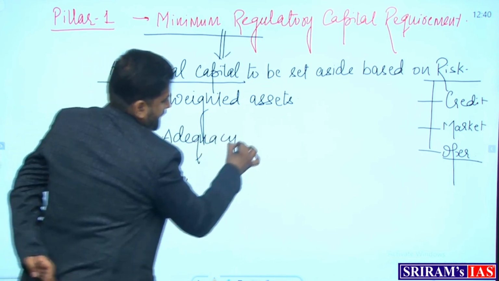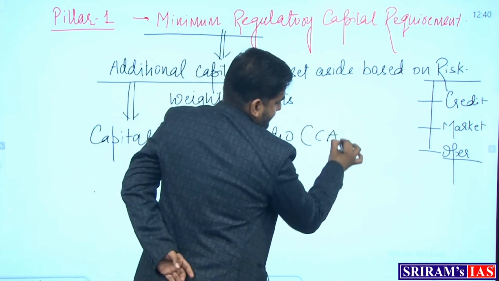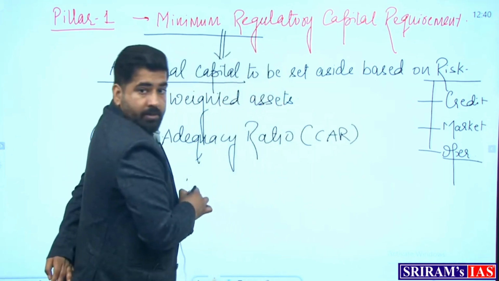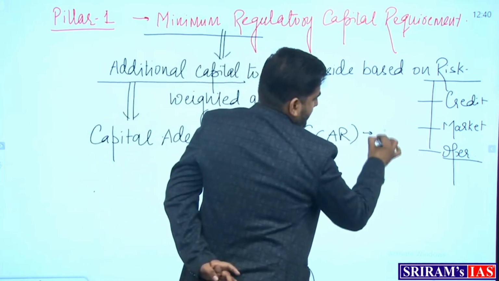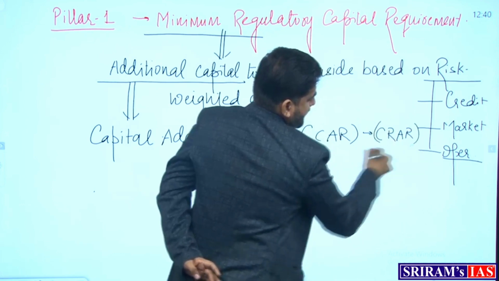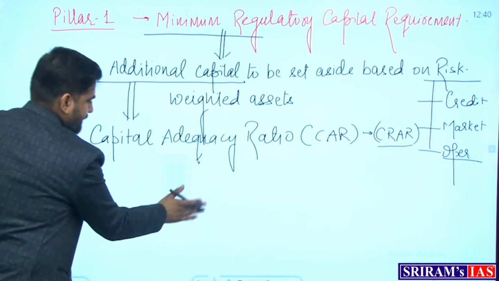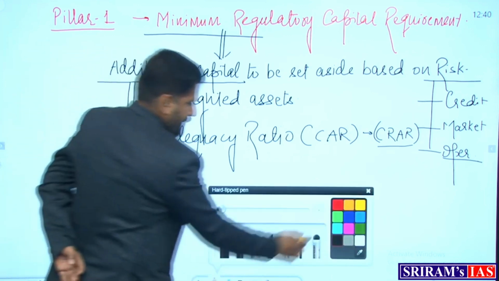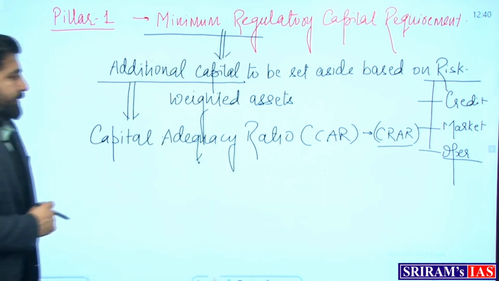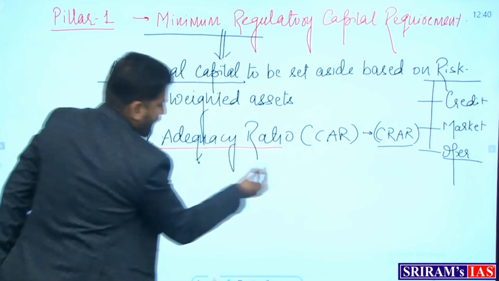Capital adequacy ratio, CAR. Or sometimes you can also say capital to risk asset ratio, CRAR. ठीक है, दोनों चलेगा। Basically, Basel III norm says this capital adequacy ratio, how it is calculated.